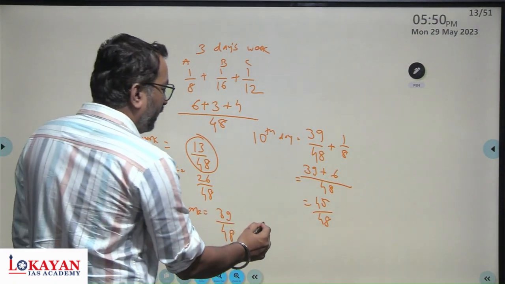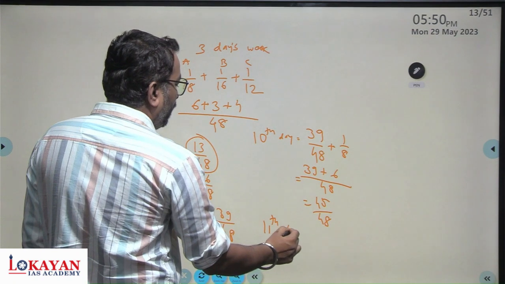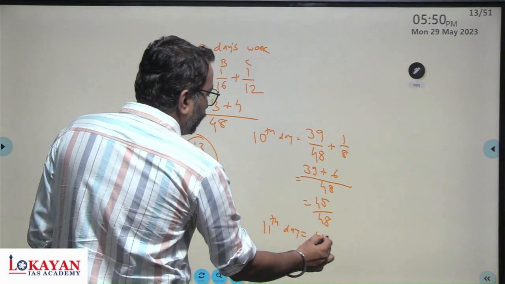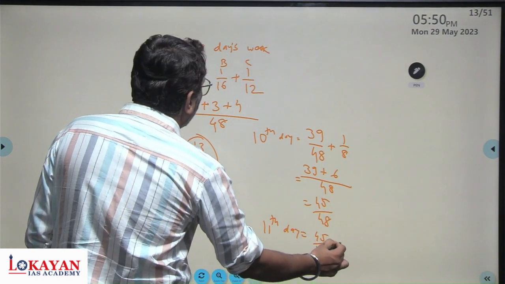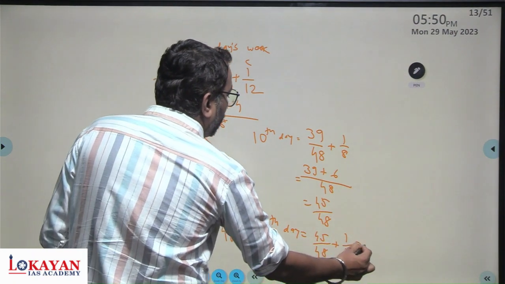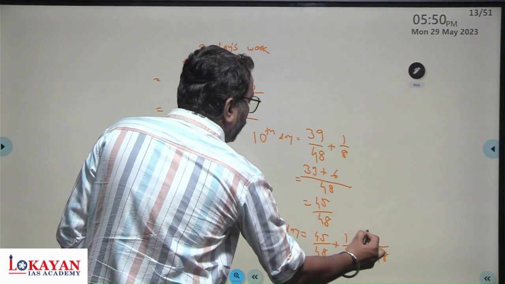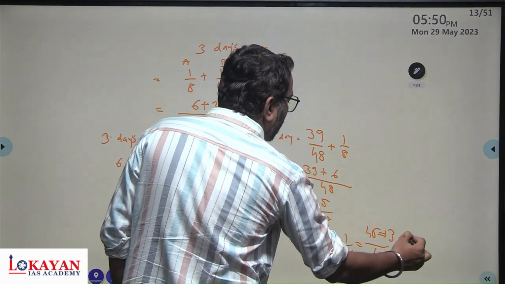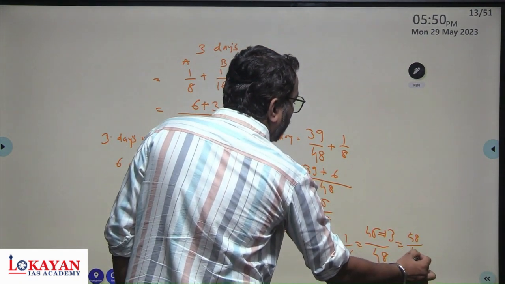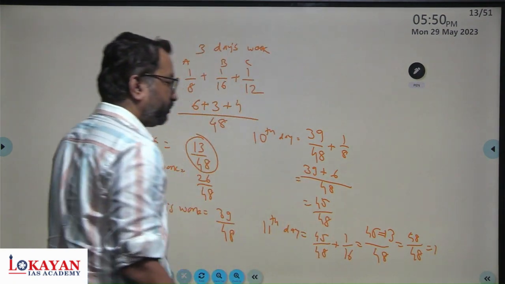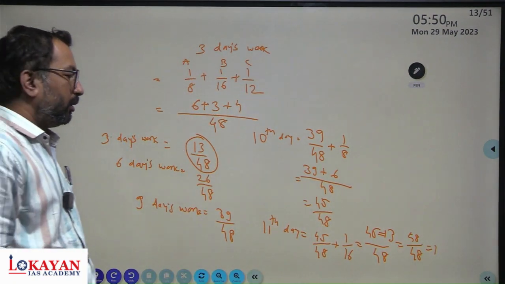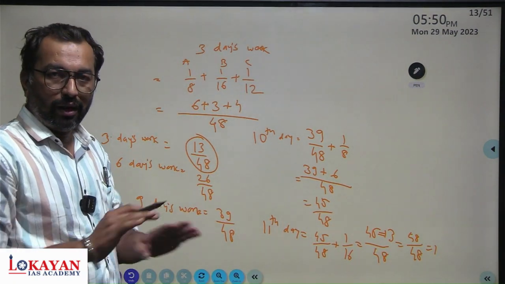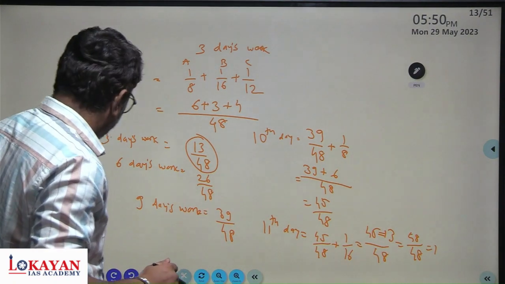So 11th day का वर्क क्या होगा देखते. 11th day B काम करेगा. So 45/48, B का 1 day वर्क है 1/16. So LCM 48, 45 plus 3 is 48/48, will be 1. On 11th day work is done.